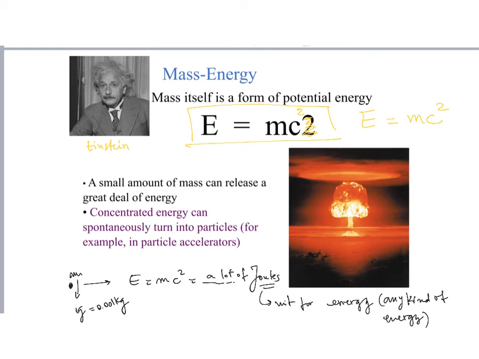Remember that c is the speed of light. c is 3 times 10 to the 8 meters per second. You can also calculate the mass energy of yourself, and find out just how much energy you actually have. If only you could extract and use that energy.